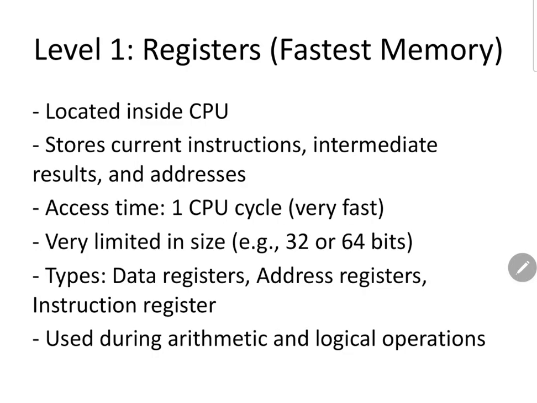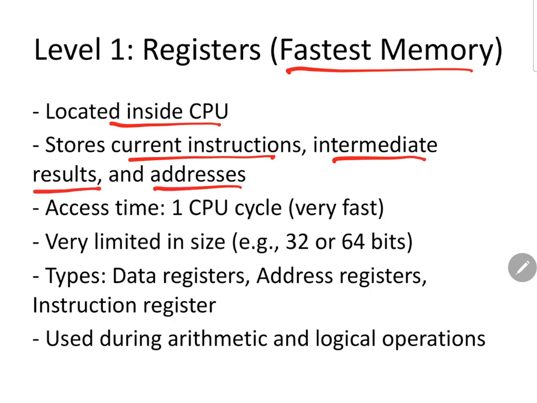So first we start with level 1, that is register. Registers are the fastest memory type located directly inside the CPU. They store intermediate data, the current instructions, the intermediate results and the addresses needed by the processor.